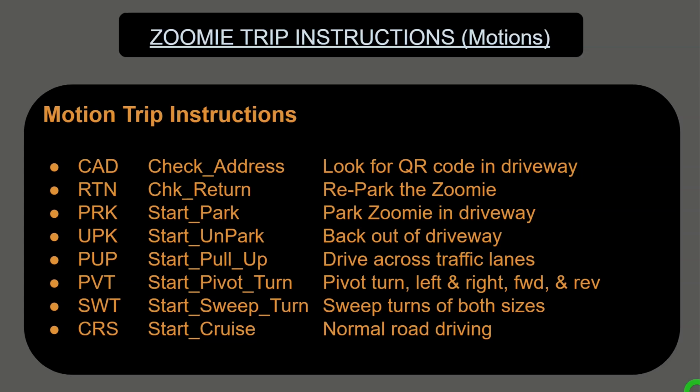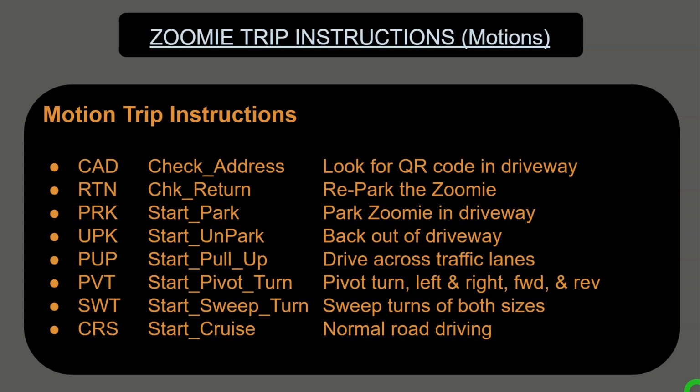Unpark will back out of the driveway, and it is now using our new bang-bang steering method so that it stays nice and straight when it is backing out of the driveway. And it will use just encoder feedback to determine how far to back up.